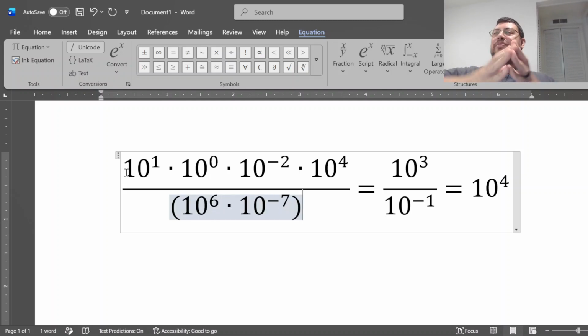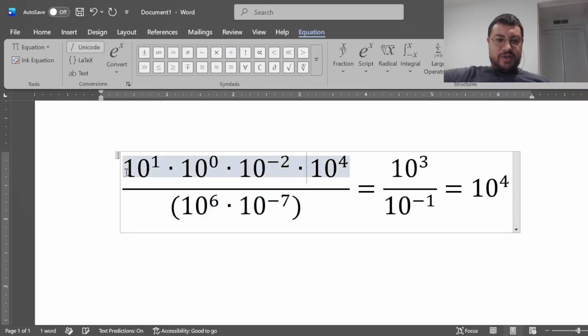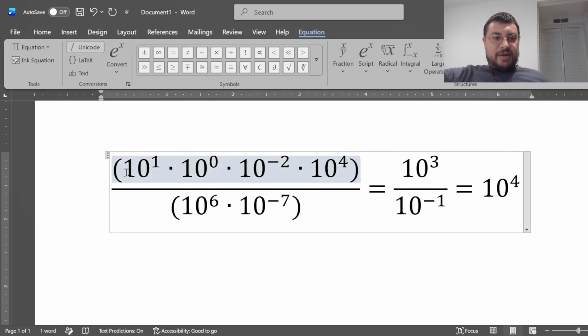For some people, they like to parenthesize, I'm making up a word, the top and the bottom. That's fine. You can't go wrong with that. If you're like, I forget which side to do parentheses, so I'm just going to do both, you could certainly do that. If you're a minimalist, the only part you need to put in parentheses is the bottom. Okay. Yeah, that's an option too.